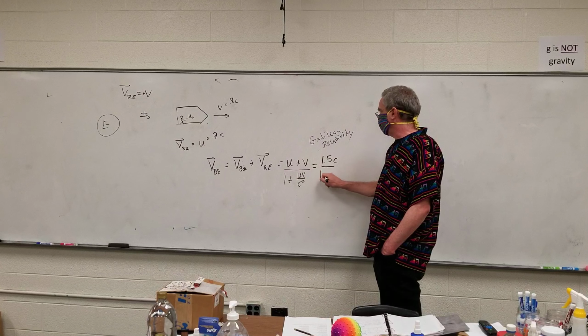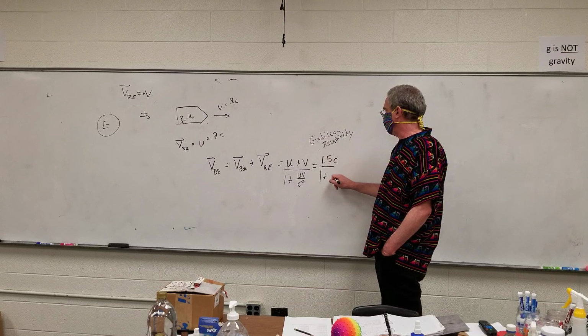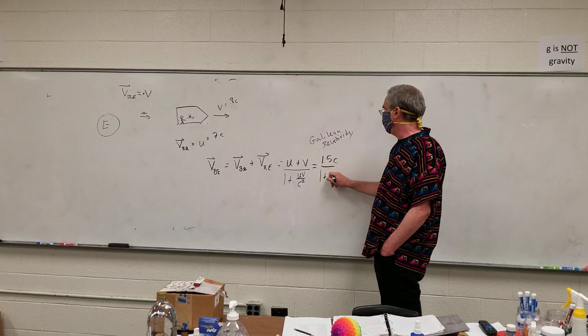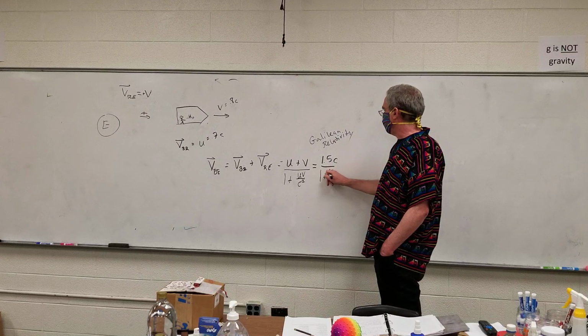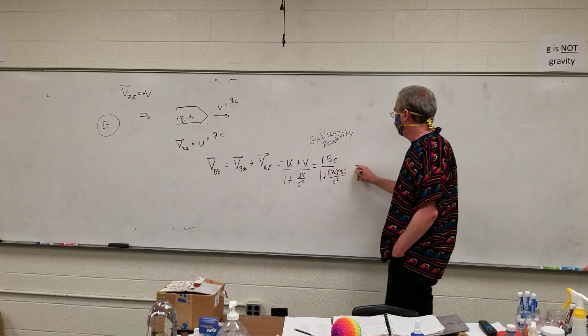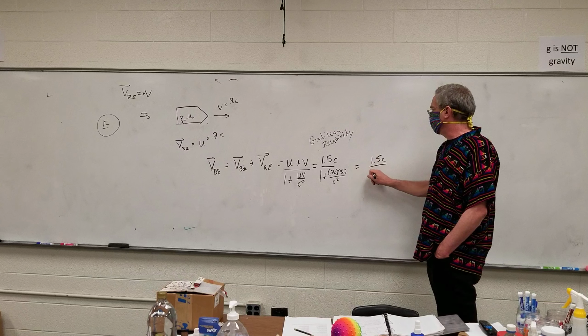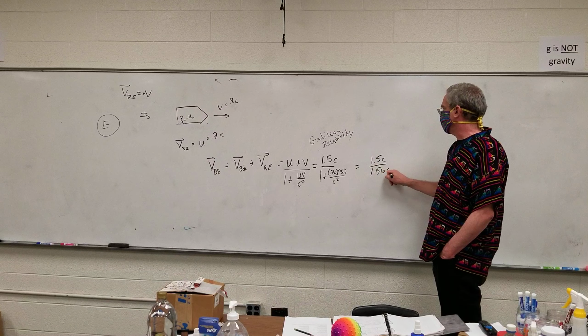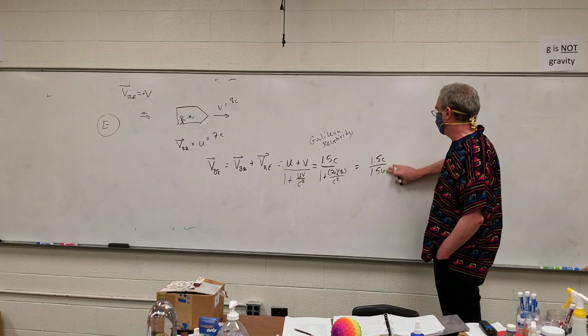And so this becomes 1.5c in the numerator, and the denominator is 1 plus 0.7c times 0.8c over c squared, or 1.5c over 1.56.